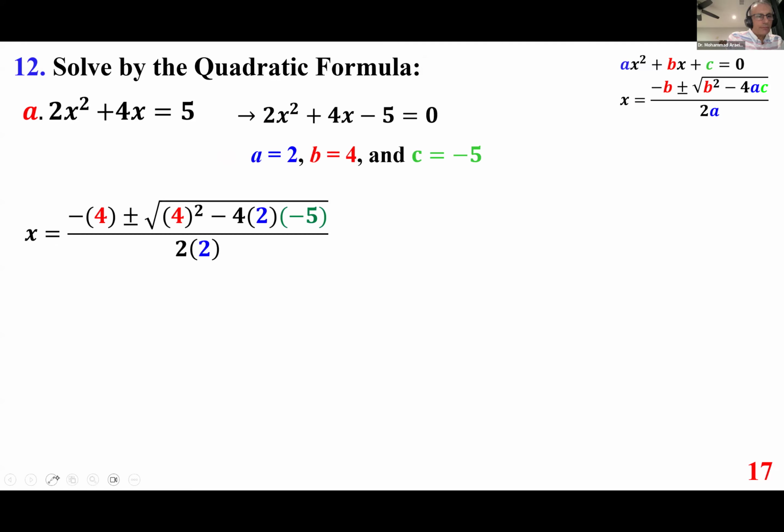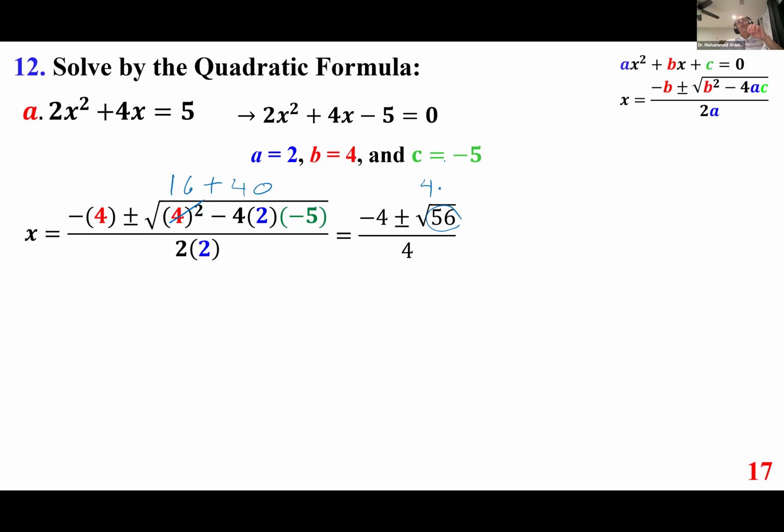So we have 16 plus 40, 56, which is the product of 4 and 14.